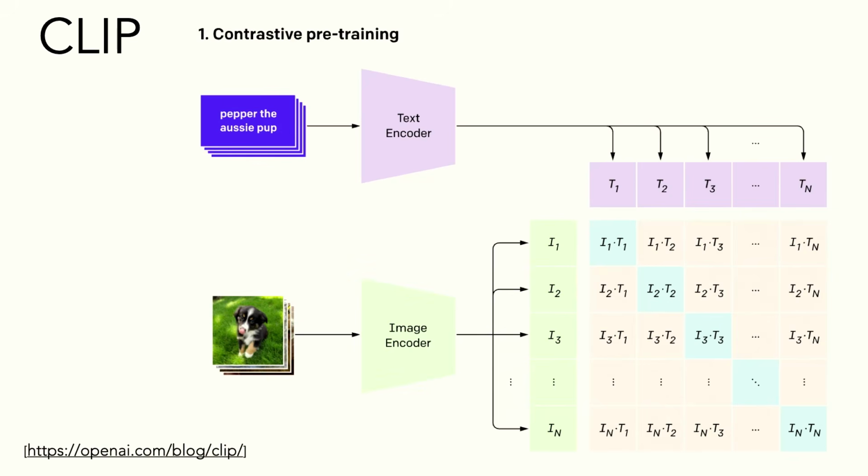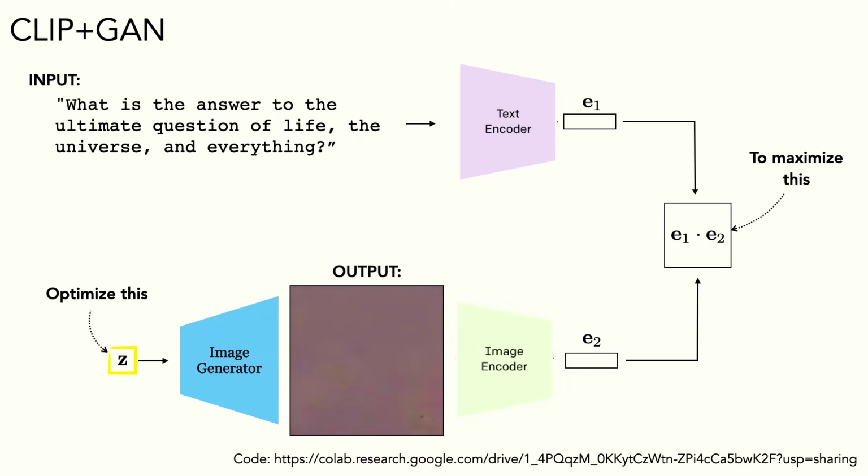Now, if you have something like CLIP, then you can, for example, tie the image encoder and the text encoder from your CLIP model together with a GAN, a generative adversarial network, and then you can optimize the embedding, the input parameter that goes into that image generator, so that the output of your image generator is the thing that's closest in CLIP space to a given prompt.